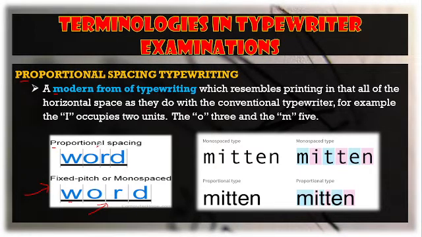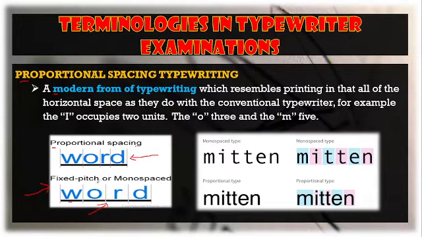But we have here an illustration for proportional spacing, so at least na concise. Na pagdikit-dikit yung ating mga letters in here. So at least we were able to minimize the space that is being used when it comes to typewriting, when we use proportional spacing.